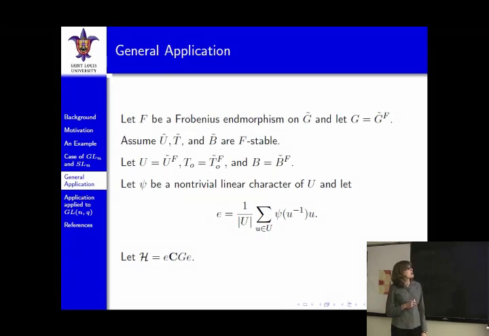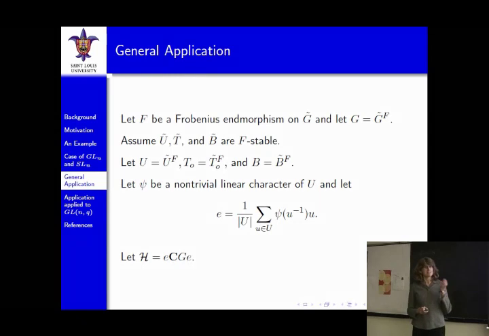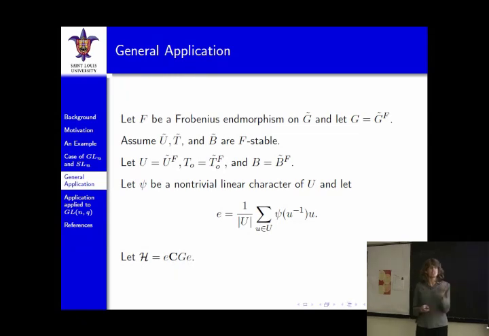Let's assume that our Borel, our torus, and the unipotent radical inside the Borel are all F stable. That doesn't mean the same as F fixed, remember. An element is fixed if it isn't moved by the map: F of g is g.